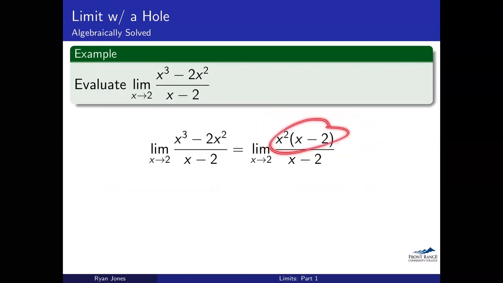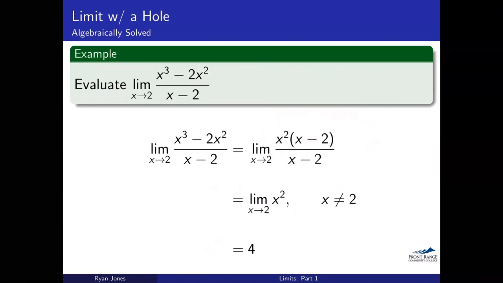I factored, I got a little bit lucky, and I canceled stuff. When I canceled those things, I just ended up with an x squared. I can then plug in 2 into the x squared. I get 2 squared, which is equal to 4. And we're actually done with the problem at that point.